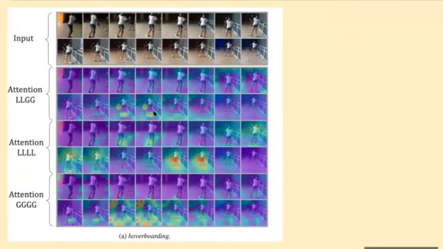But for all local, it seems focused somehow, but not very precise. And for all global, it seems scattered all over the place. So that's why they have chosen the first 2 stages as local MHRA and the last 2 stages as global MHRA.